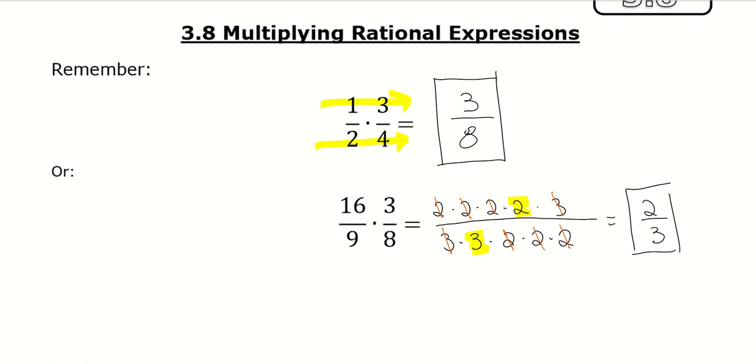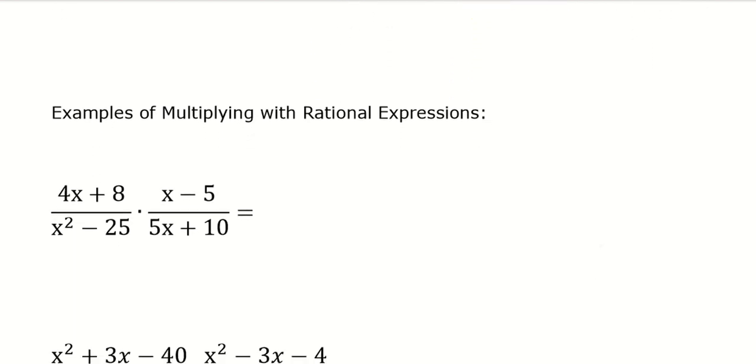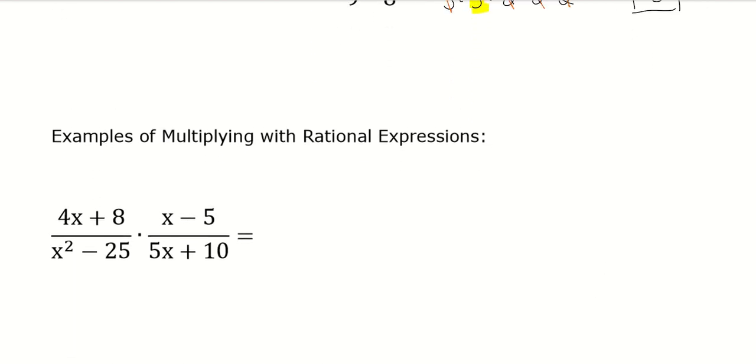And when we're dealing with rational expressions, they work exactly the same way, except we have a few more pieces and parts with them. So looking at my first example I have here, I have 4x plus 8 over x squared minus 25 times x minus 5 over 5x plus 10. So the first thing I'm going to do is go through and factor each of these.